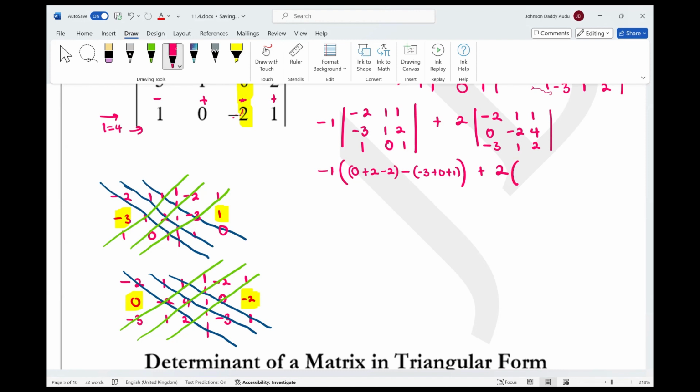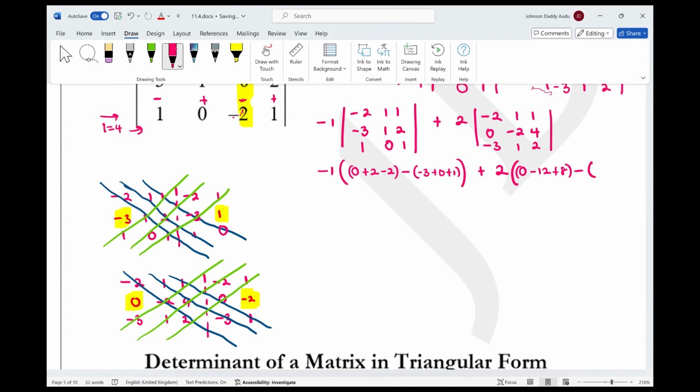So let's go now. The main diagonal, this is going to be 0. I can see a 0 in one of the main diagonals. And this is plus -12. And this is plus, is this a 2? Okay, so this is 8 minus the minor diagonal.